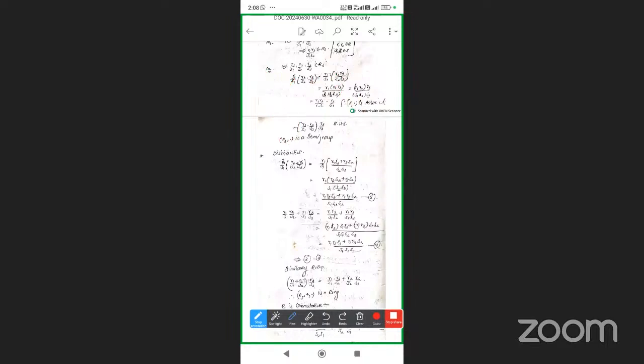Therefore, by the abelian property, R1 by S1 plus R2 by S2 is equal to R2 by S2 plus R1 by S1. This is the addition of fractions being an abelian group.